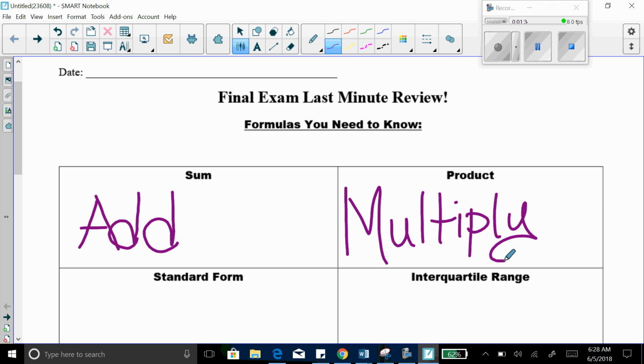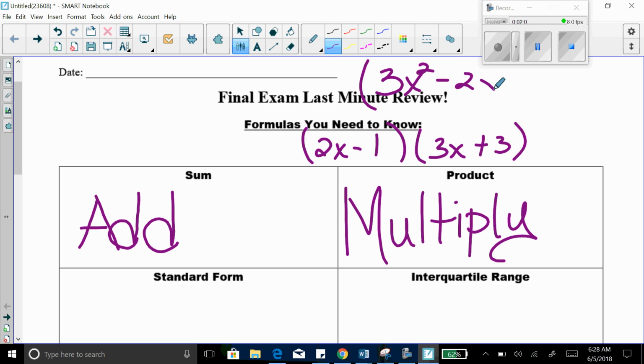So if it says find the product between these two polynomials, they're simply asking you to multiply them. We learned a few different methods for multiplying polynomials. If it's a binomial times a binomial, we use the box method. Even if it's a trinomial, so three terms by two terms, you would still do the box. It's just a bigger box.